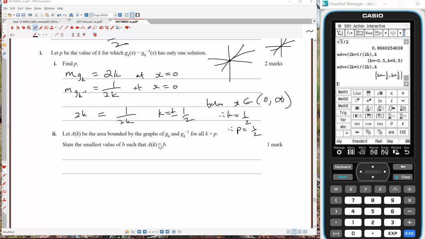For k greater than p, basically we're going to increase k far enough. Well, k is going to tend to positive infinity. State the smallest value of b. All right, let's see what happens.